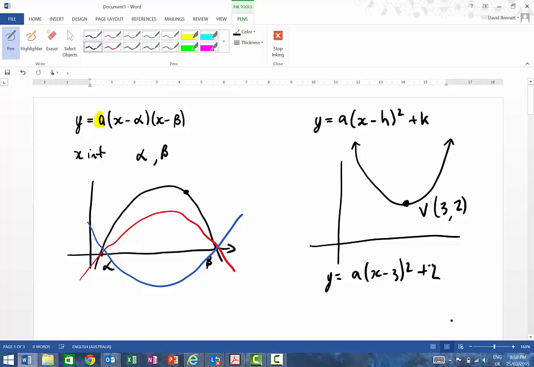Now that's really useful. Again, if I have another point that this thing goes through, let's say that's my point there, then that will allow me to work out what the actual equation is.